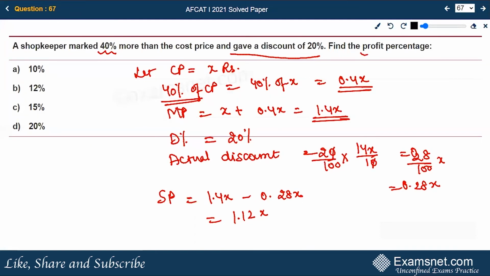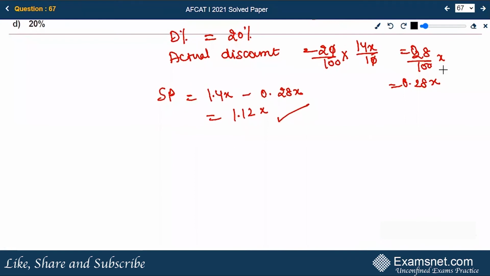Now, the question was you have to find out the profit percent. You know the cost price, you got your selling price. Now you can easily calculate your profit percent. Profit is selling price minus cost price. So it is 1.12x minus x, which is 0.12x.